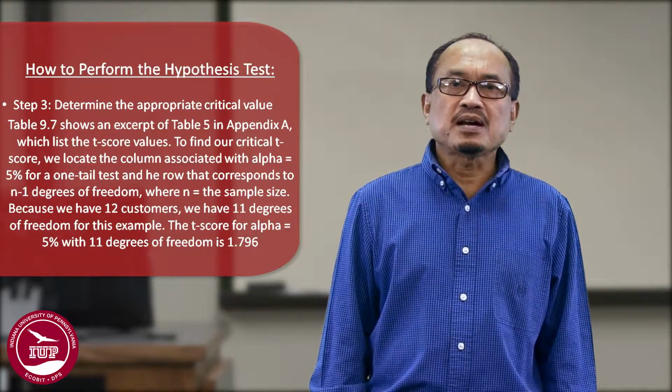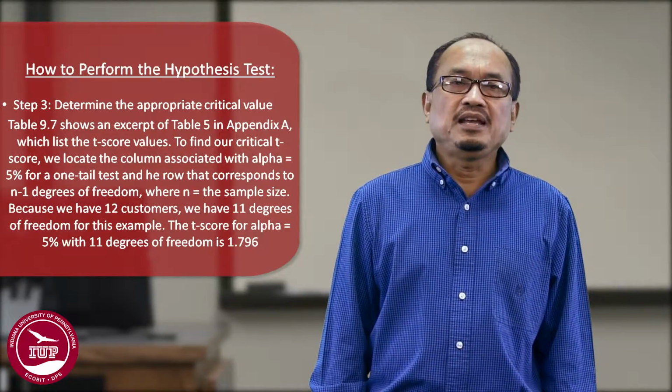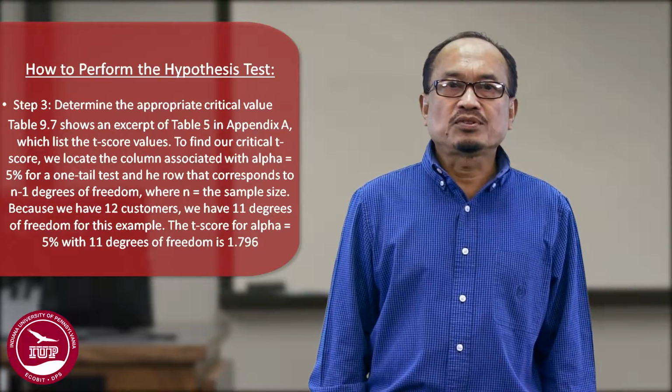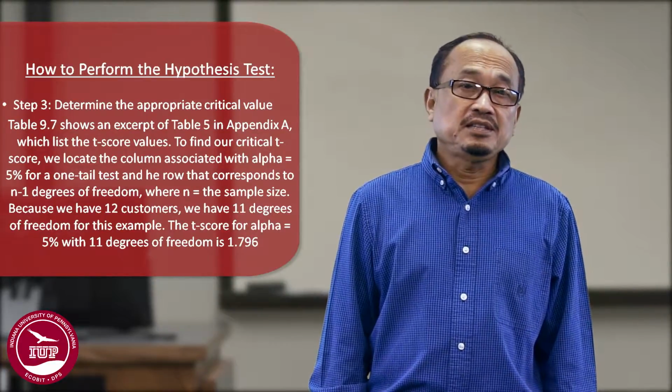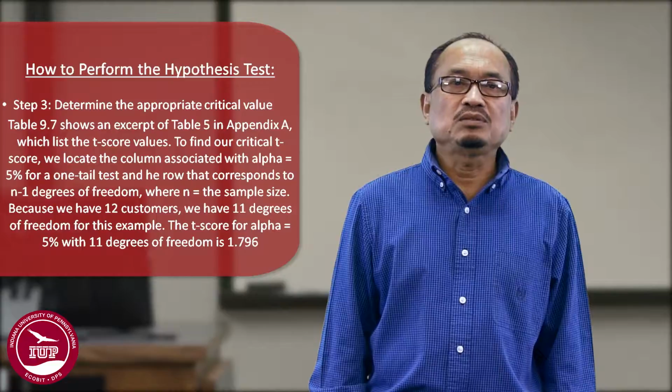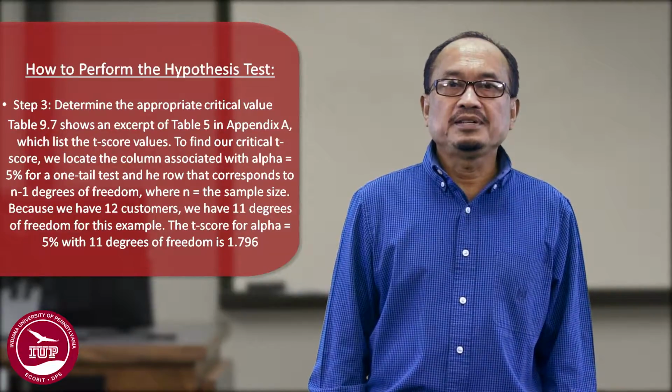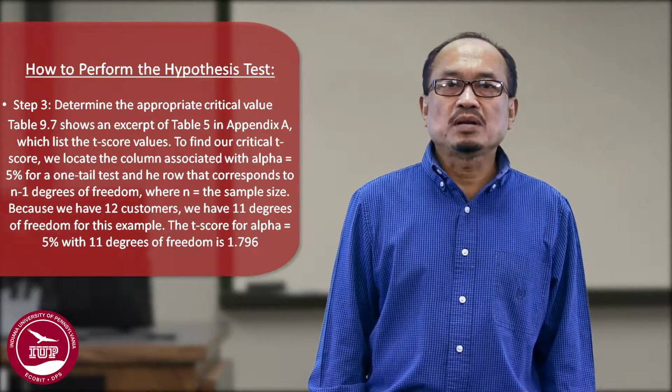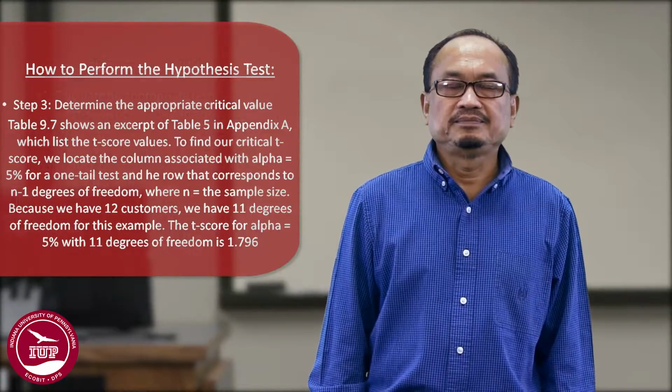Because we have 12 customers, we have 11 degrees of freedom for this example. The t-score for alpha equal to 5% with 11 degrees of freedom is 1.796.